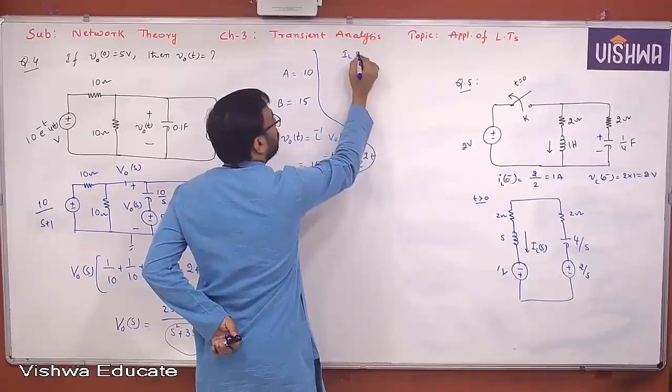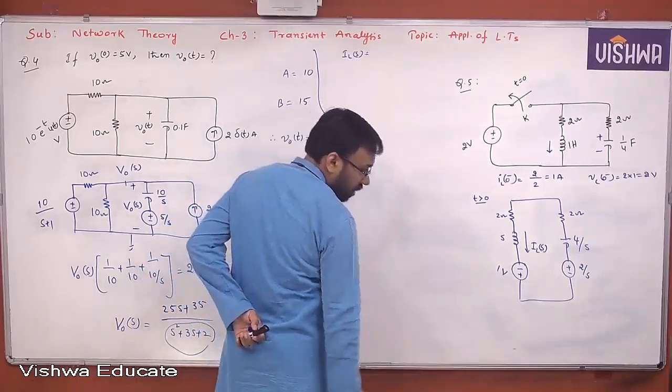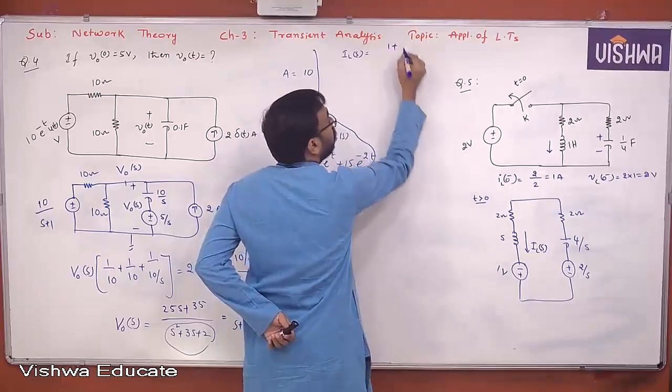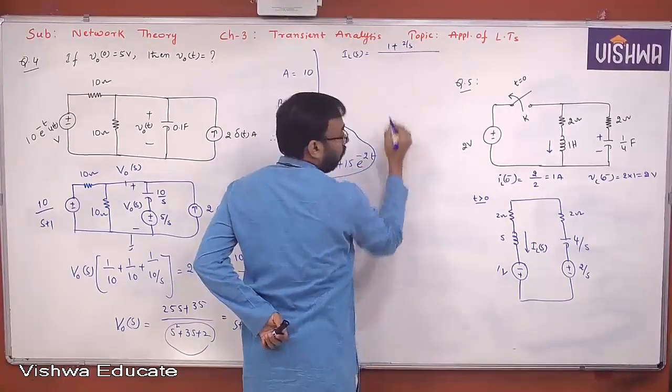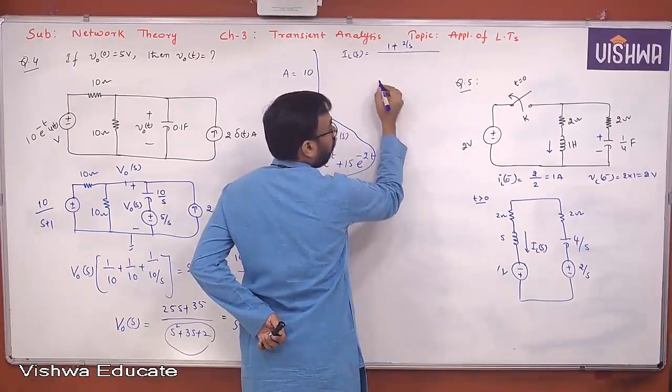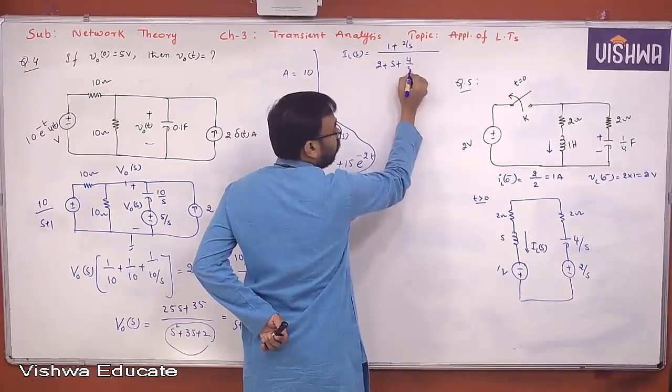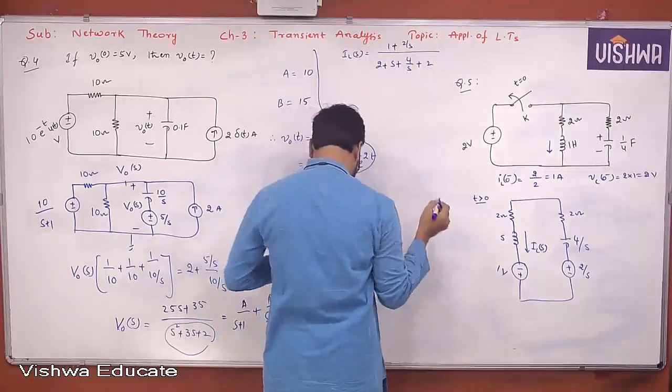IL of S is total voltage by total impedance, right? So 1 plus 2 by S by, what do you get? 2 plus S plus 4 by S plus 2.